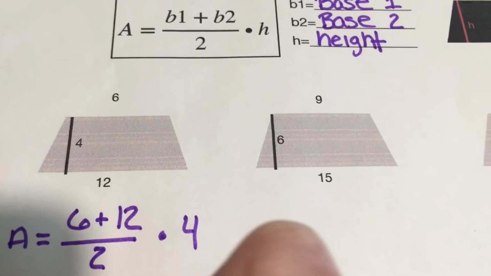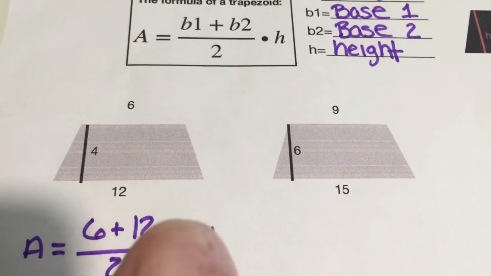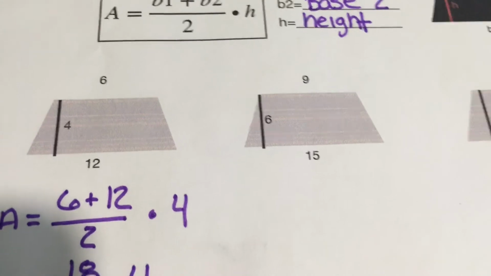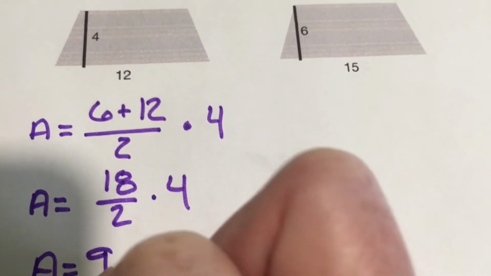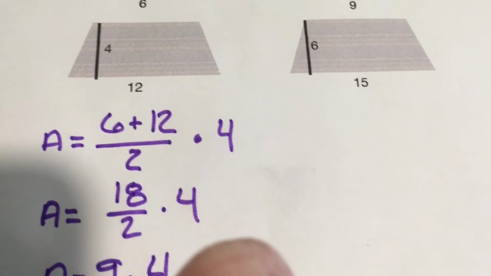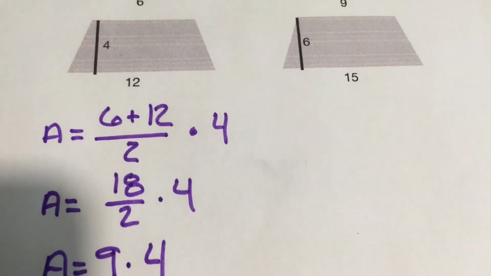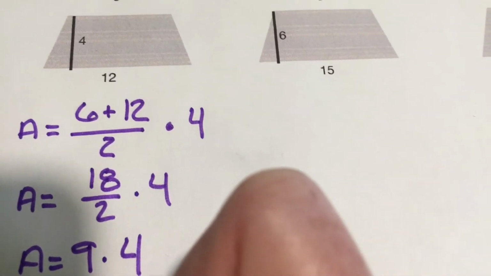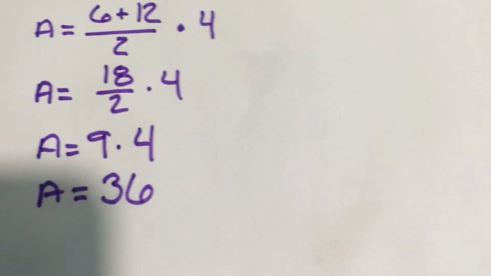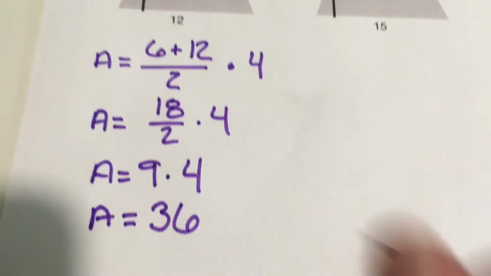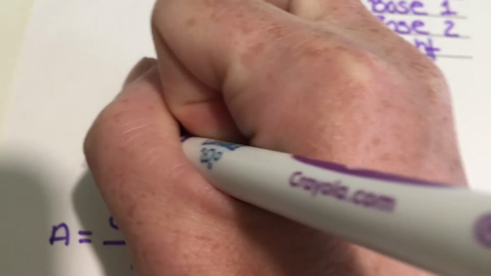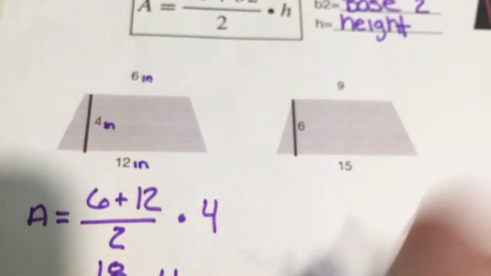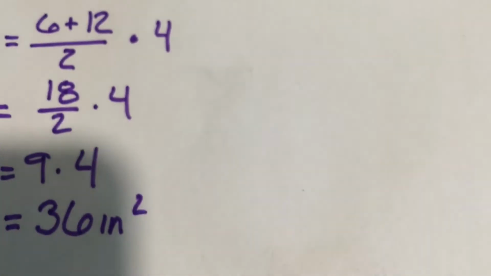And we have that over 2 times 4. And then 18 divided by 2 is 9, times 4. And so then we know our area is equal to 36. And then we can do units on that. If we wanted to do inches, then we'd know that would be inches squared.